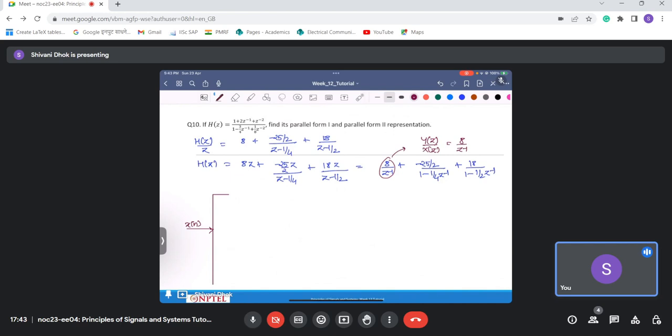So this is basically Y(z) is equal to 8X(z), and here I have z inverse, so this is basically y(n minus 1) is equal to 8x(n), and this gets added. So what we have is x(n) is equal to 1 by 8 y of n minus 1.